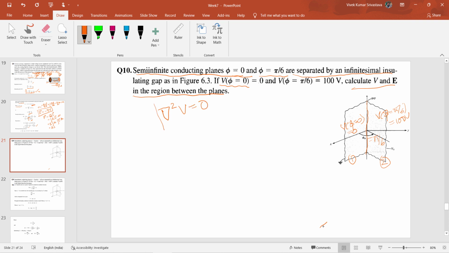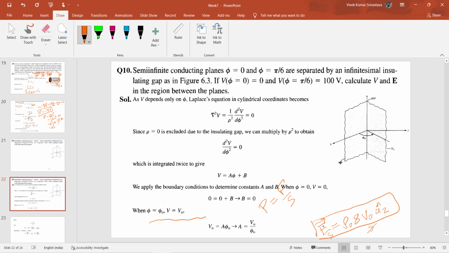The Laplace equation is defined as del square V equals 0, and we will use this expression for finding out the value of V and E. Here we can see that the variation is present only in the phi domain, so the variation along del square by del rho square and del square by del z square will be 0.